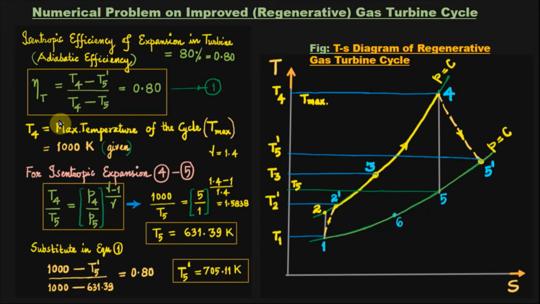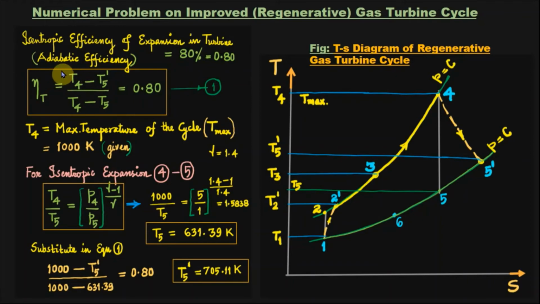Cp will be cancelled, and the isentropic efficiency of expansion in the turbine is given by T4 minus T5 dash divided by T4 minus T5, which is equal to 0.8, out of which the maximum temperature of the cycle, T4, is given as 1000 Kelvin.